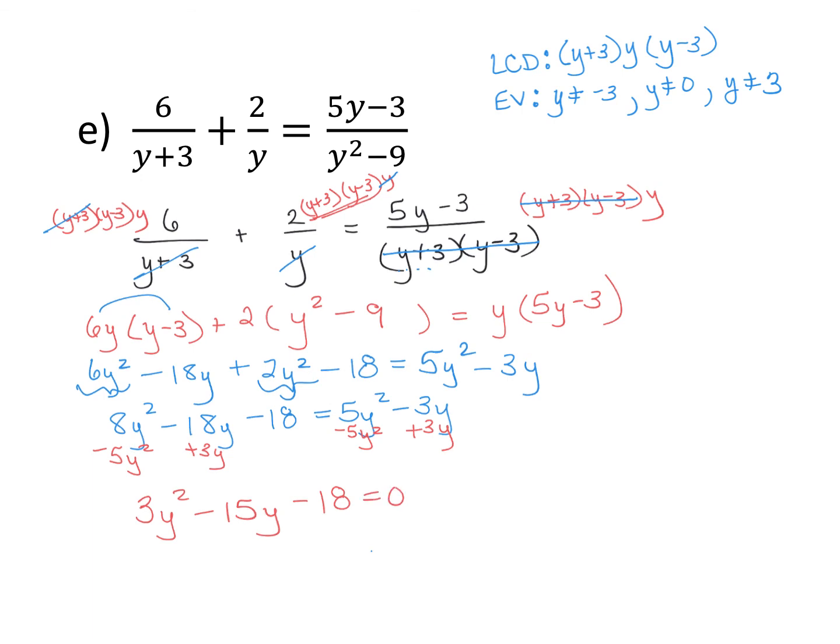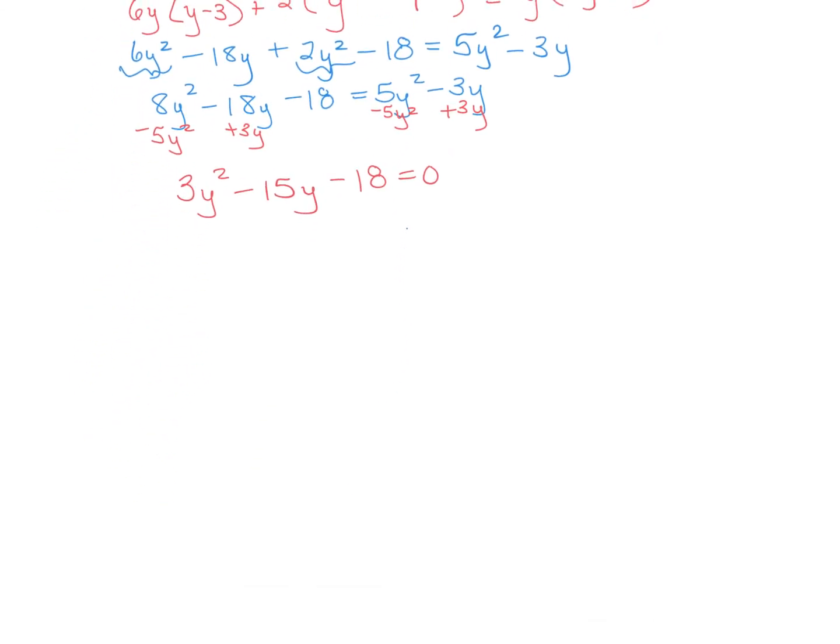So now I have a quadratic. I notice that each one of these coefficients is divisible by 3. So I am going to divide the whole equation by 3. That will make my numbers smaller.